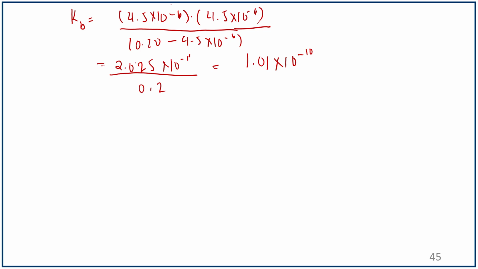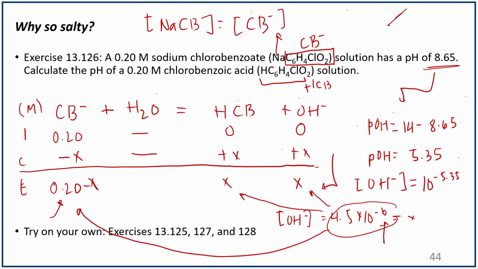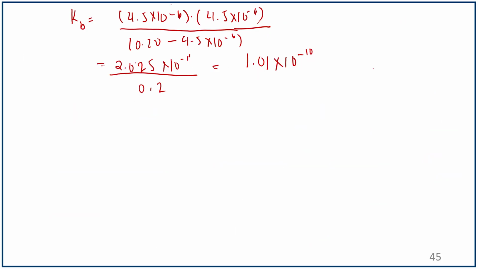Okay, and then from there we are actually trying to solve for the pH of chlorobenzoic acid. Okay, now that we have the Kb of chlorobenzoate, from there we can actually solve for Ka. Okay, remember that they are conjugate acid-base pairs.